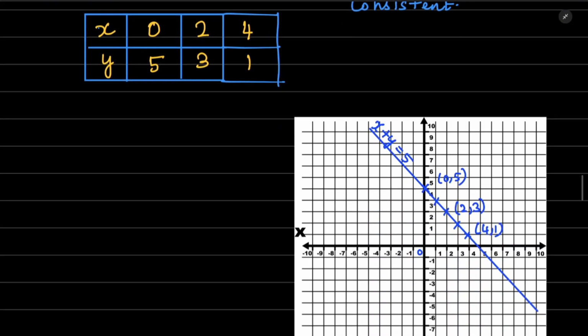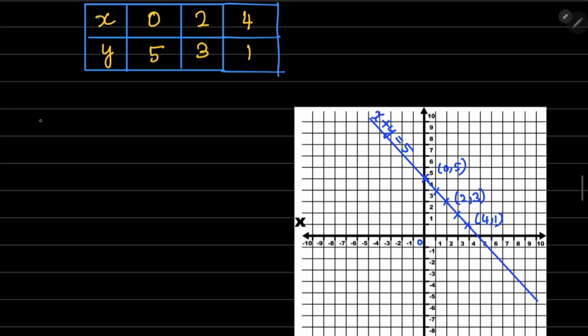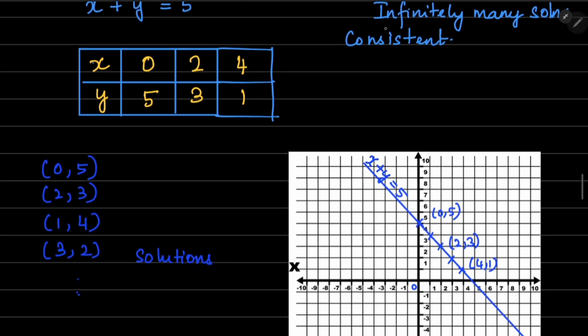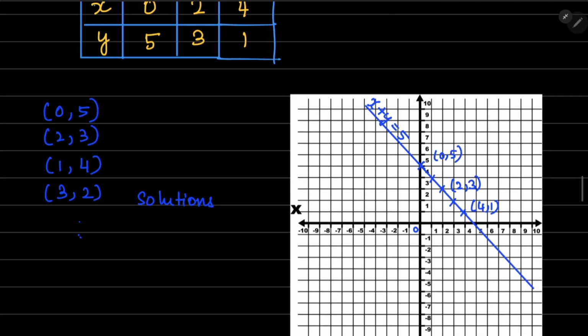So you can write as an answer: 0, 5, 2, 3, and then 1, 4, and then 3, 2. All of these are solutions of the given pair of linear equations. Infinitely many solutions.